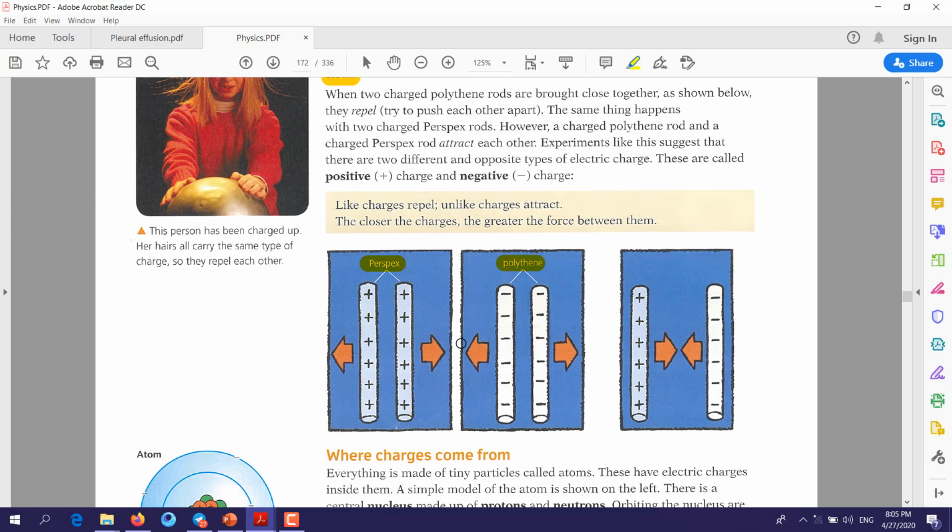Now, if you bring two polythene rods close to each other, as you can see from the arrows, they move away from each other; we say they repel each other. Both perspex rods are positively charged too, so if you put them close to each other, they will repel each other. But if you take one polythene and one perspex and put them next to each other, they will attract each other.